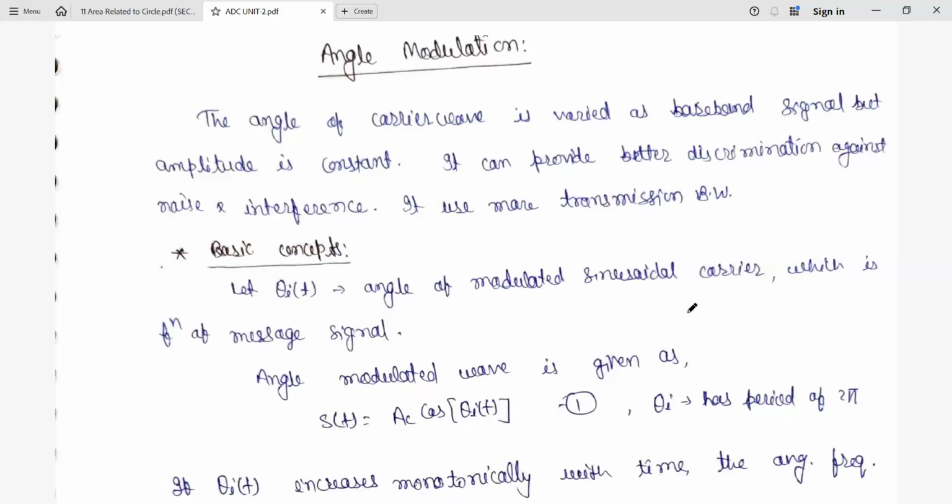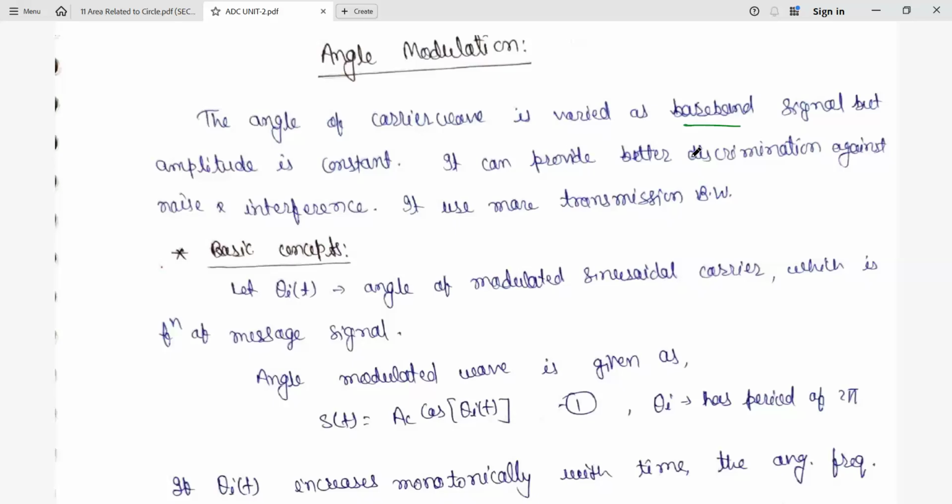So let's begin. You already know that when we are talking about modulation, two signals are required. One is the carrier signal, another is the message signal. The message signal is also called the baseband signal or modulating signal.